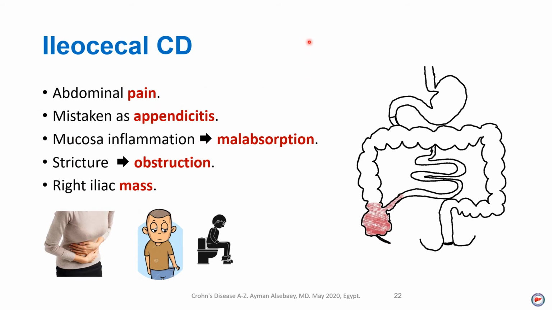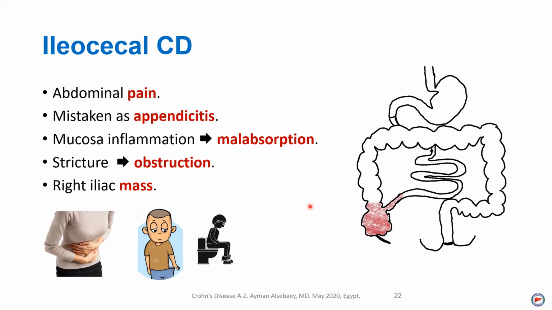Most patients with ileocecal Crohn's disease will have abdominal pain, and sometimes this pain is confined to the right iliac region, so it will be mistaken for appendicitis. As a result, you will find that many patients underwent appendectomy with a wrong diagnosis, and during the operation they were found to have Crohn's disease.